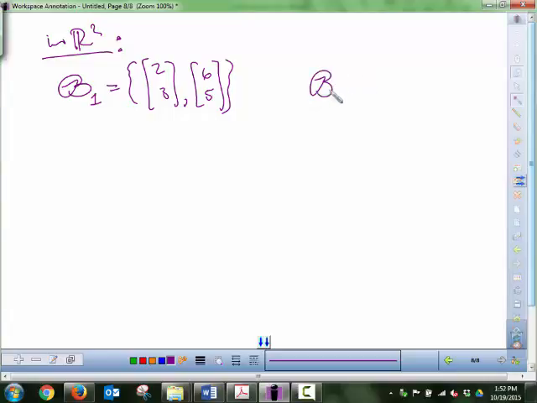Let's take a look at another basis. How about the standard basis? You know what I mean by the standard basis? The standard basis would be 1 unit in the x and 1 unit in the y, so (1, 0) and (0, 1).